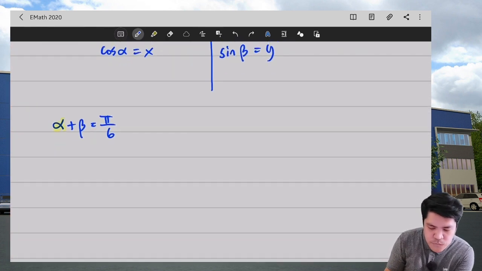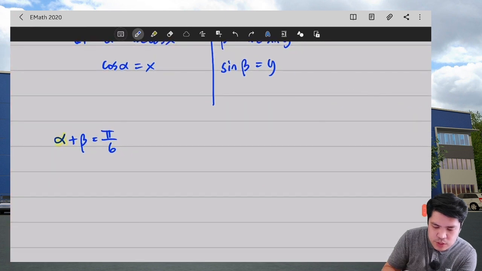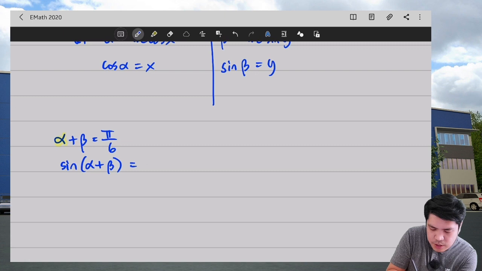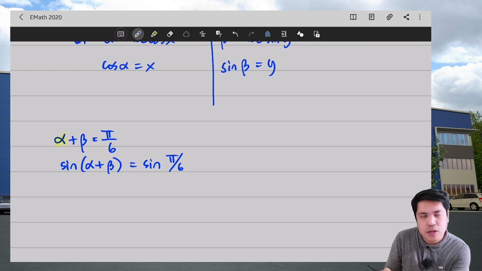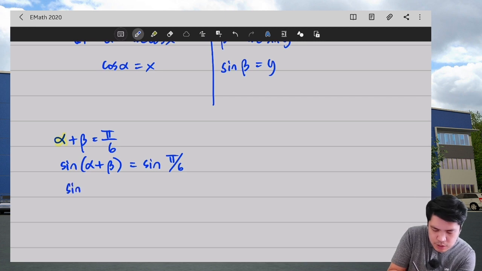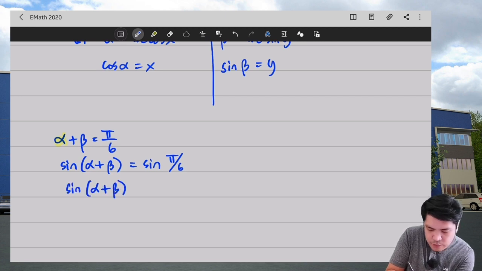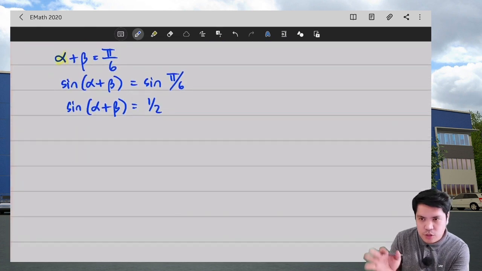So if I apply sine both sides, then I'll get sine of alpha plus beta, that's equal to sine pi over 6. Pi over 6, that would be 180 over 6, so 30. Sine 30 degrees, that is 1/2. So let me write na lang din dito. Sine of alpha plus beta is equal to 1/2. You can use your calculator to check that.